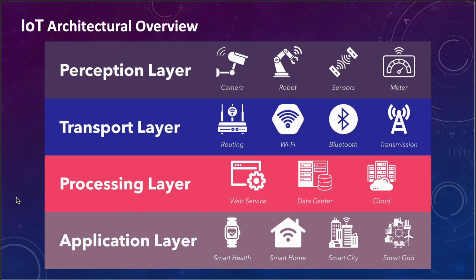So we understand that when designing this, or if you are to provide IoT as a service in the value chain, to give an IoT solution, we should understand the basic architectural overview of IoT. So we have to understand the architecture which is there to build an IoT system, right?